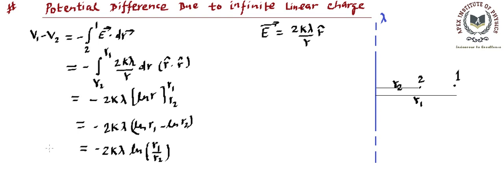So this is V1 minus V2. Now since r1 is greater than r2 in the picture, we can think of this entire ln term as positive, and this minus sign will make the entire term negative. That means V1 minus V2 is negative.